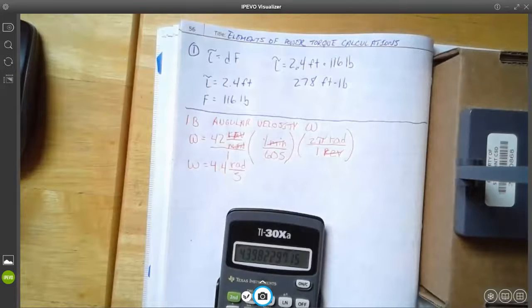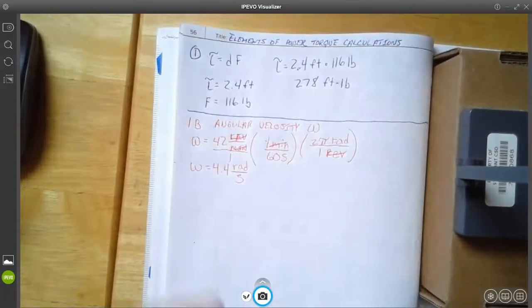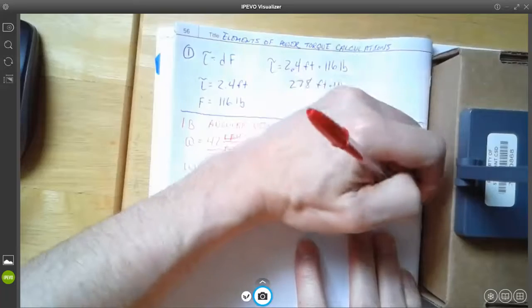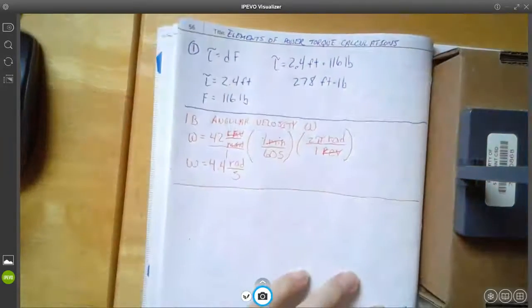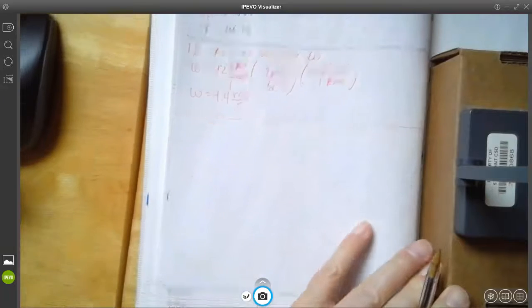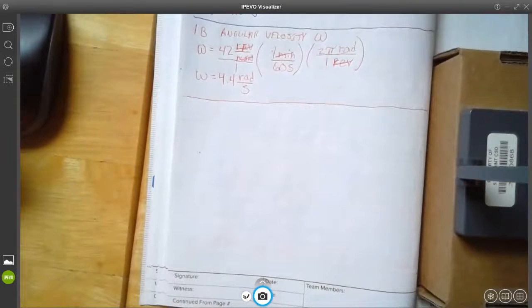Okay, now we've got our torque calculated, and we have our angular velocity calculated. So now I'm going to draw a line across here. Now we're going to continue on in our formula.